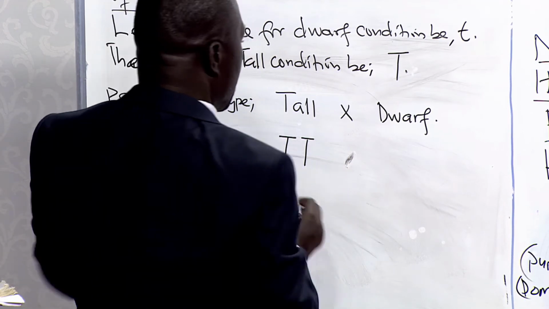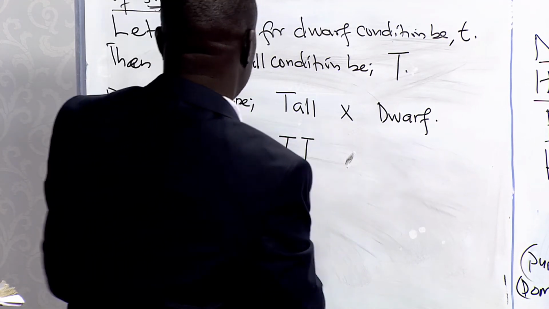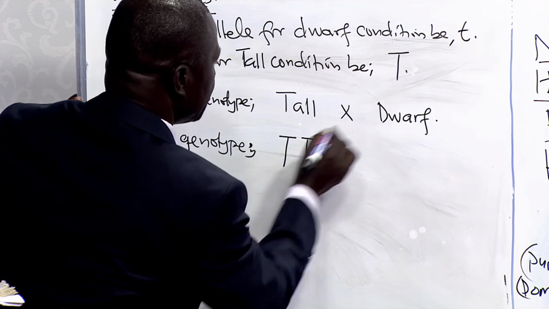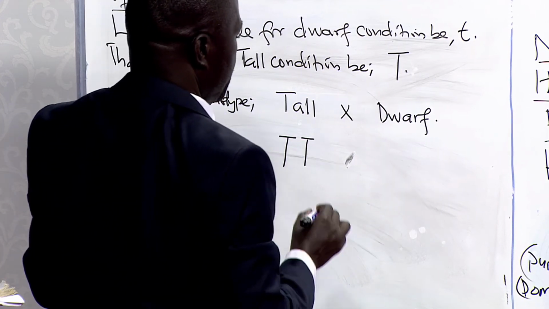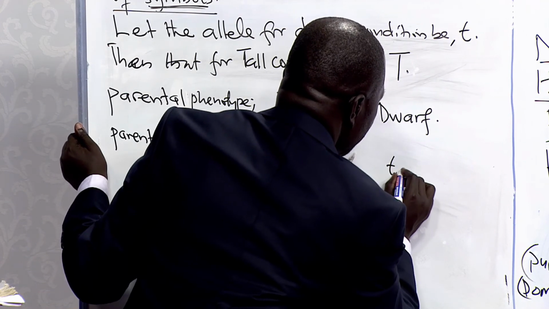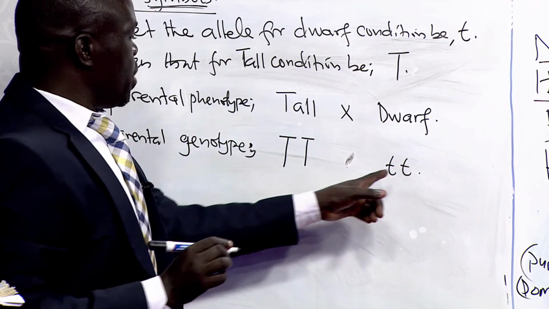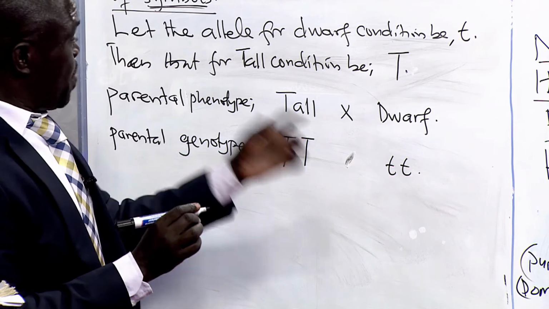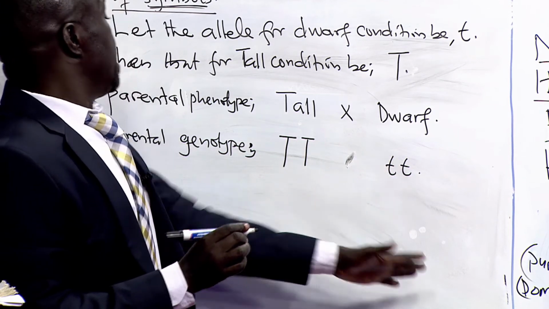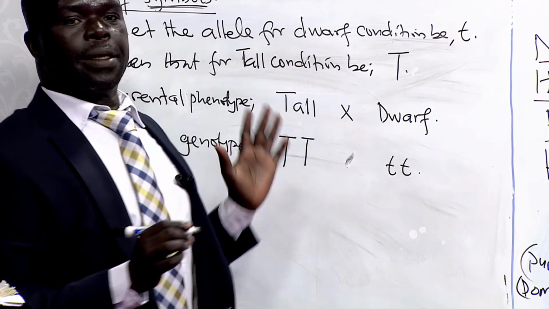Then, how about the parental genotype of this dwarf plant? It is a small t, small t. Why? We are doing this because the moment it is a capital T, small t, that one will be a tall plant.